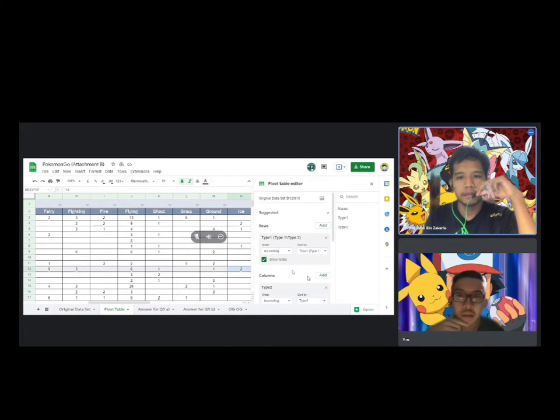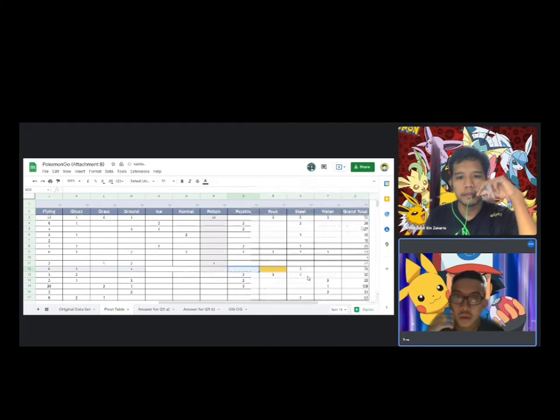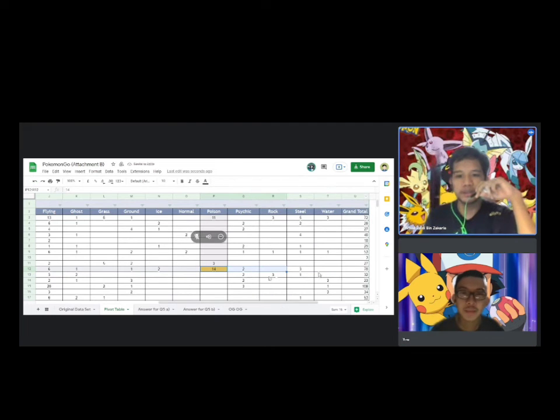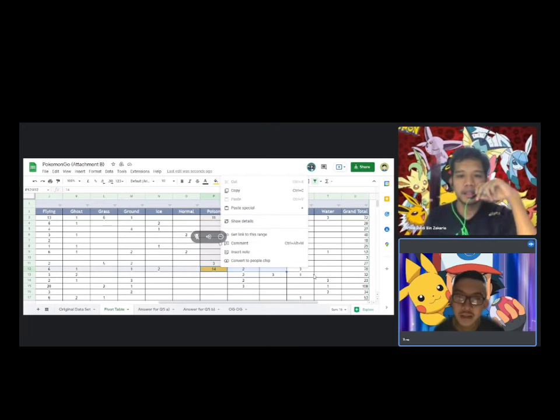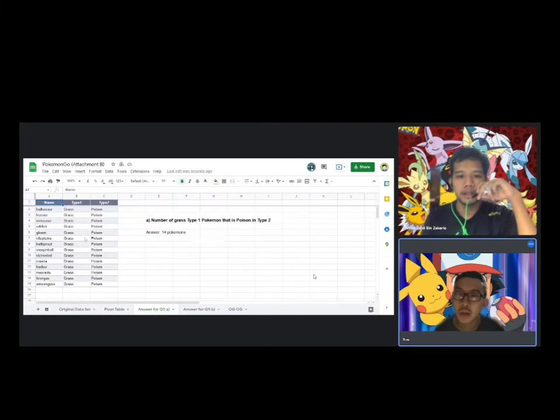Then if we right click the data and press show details, we can see the Pokemon which have the combination of both grass and poison type. I'm sorry for the technical issue.